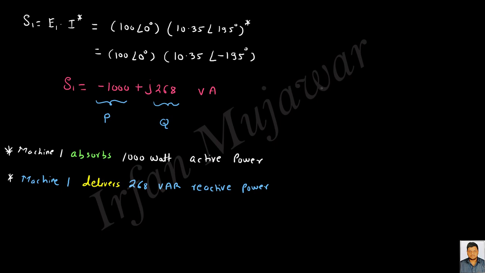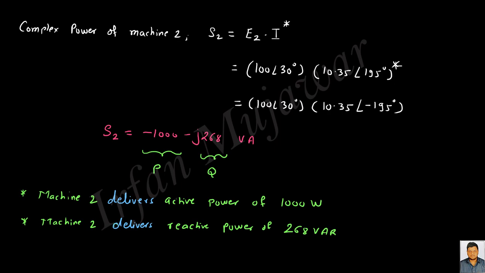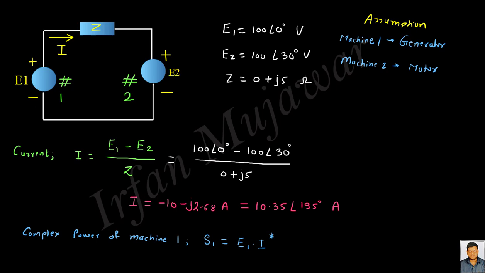So we can say that machine 1 is an overexcited synchronous motor, and machine 2 is delivering both active power and reactive power, which means this particular machine is not a motor, but a synchronous generator or alternator. So whatever assumptions we had here, that machine 1 is a generator and machine 2 is a motor, are actually wrong.